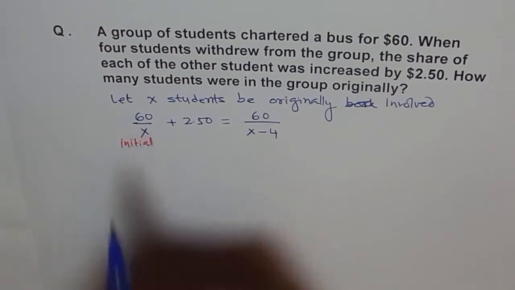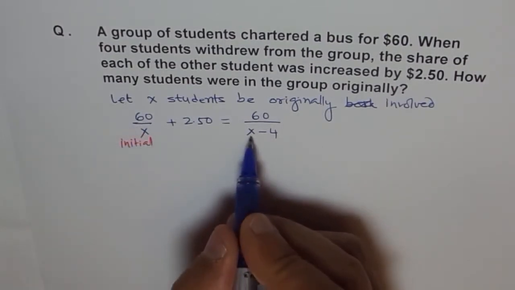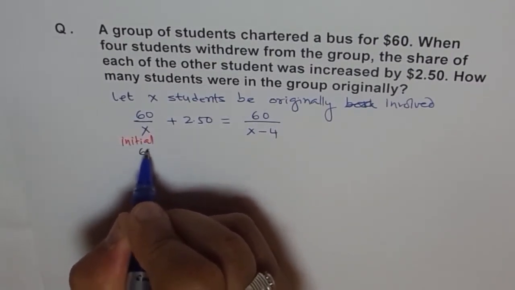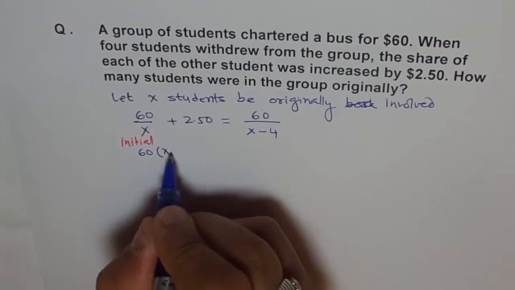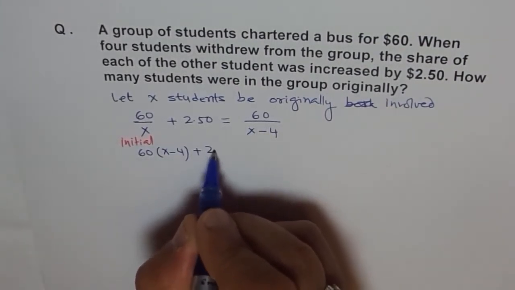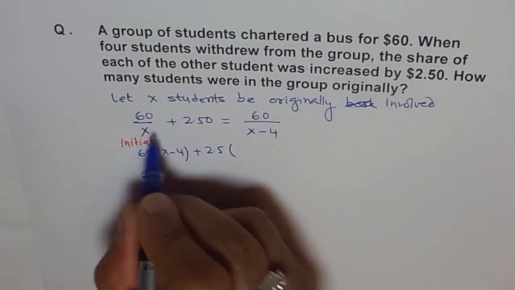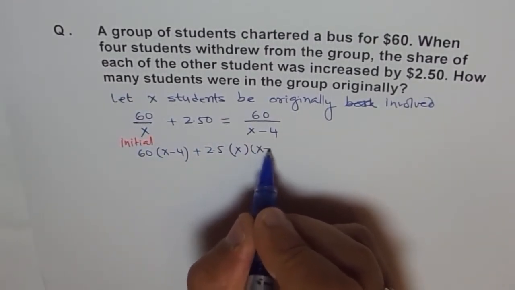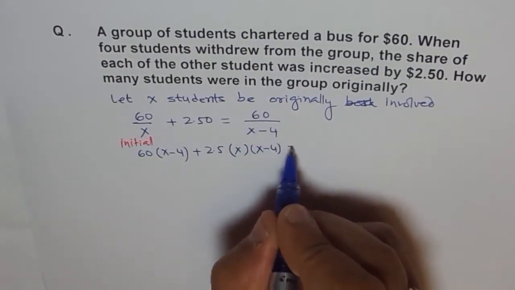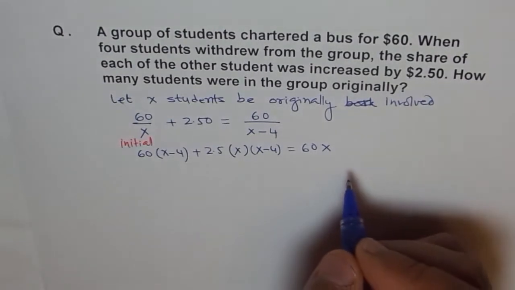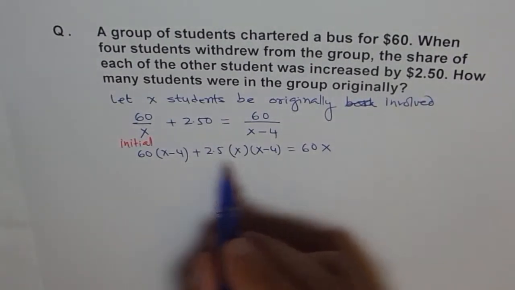So here we will get 60 times x minus 4, and for this we get 2.5 times x, because the denominator is 1 here, times x minus 4, and here we will get 60 times x, correct? So that's your equation.